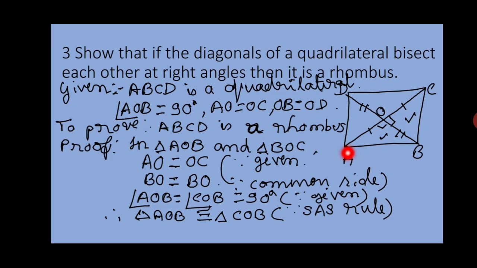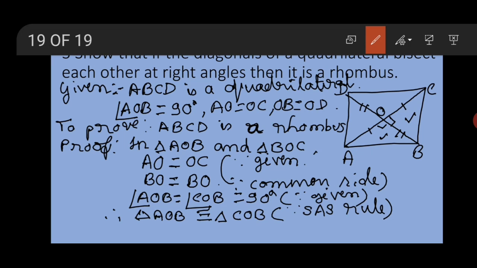So it is equal to BC. Write down: AB is equal to BC. Reason: corresponding parts of congruent triangles.